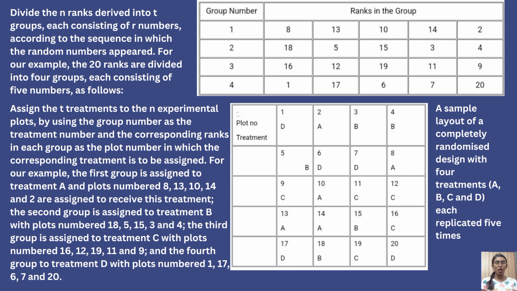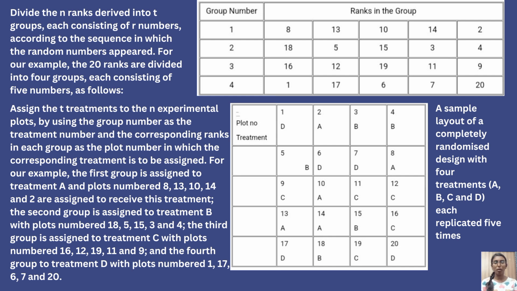Assign the t treatments to the n experimental plots by using the group number as the treatment number and the corresponding ranks in each group as the plot numbers to which the corresponding treatment is to be assigned. For our example, the first group is assigned to treatment A, and plot numbers 8, 13, 10, 14 and 2 are assigned to receive this treatment.